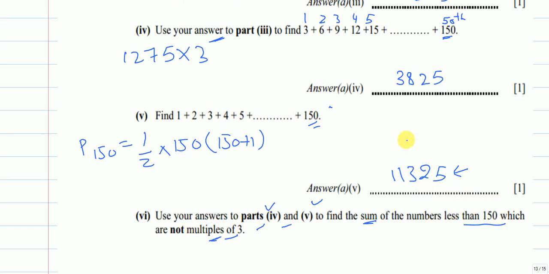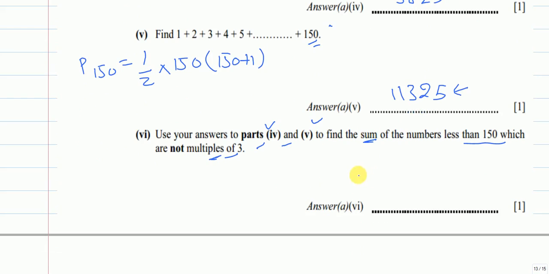So we will remove the multiples of 3, which we found, from the sum which we already found, including all the numbers. So this is the sum till 150. This is also the sum up to 150, but just the multiples of 3. So from this, if we remove this, we will get what they are asking for.